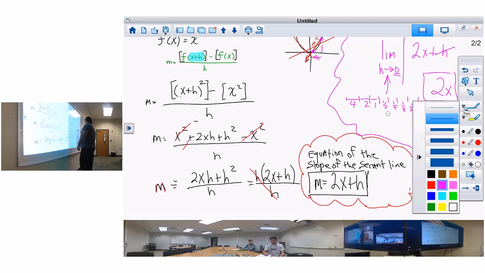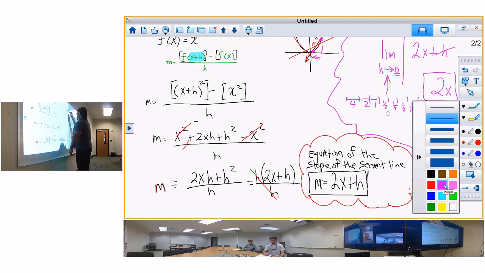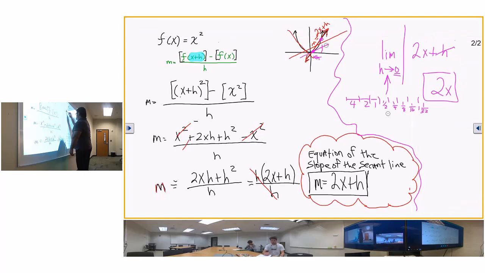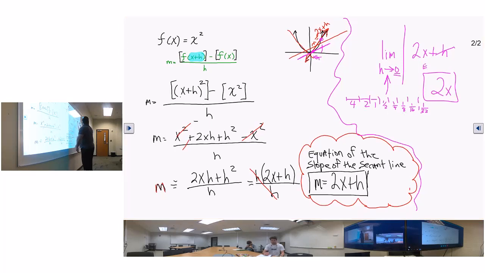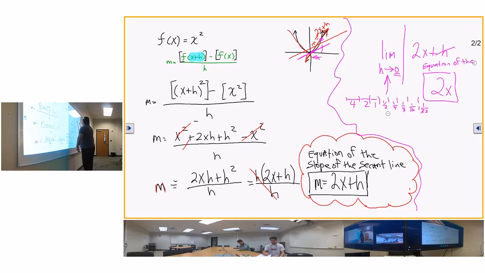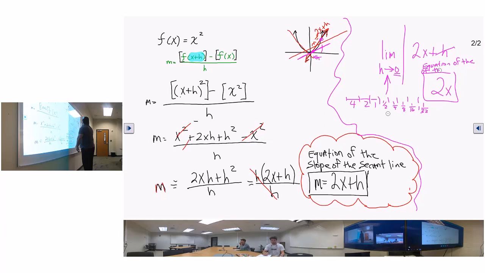Okay? Hold on a second. That's this line right here. The equation of that tangent line. It's also called, and let's write that down, this is the equation of the slope of the what? The tangent line. And that's important for your information right now.